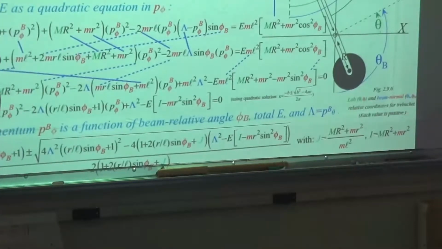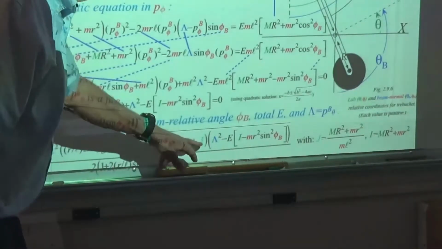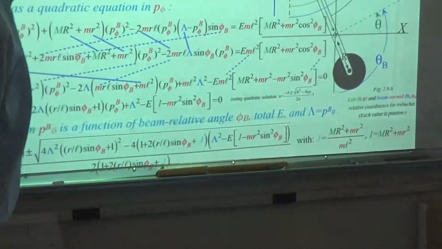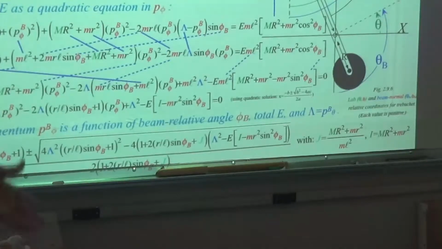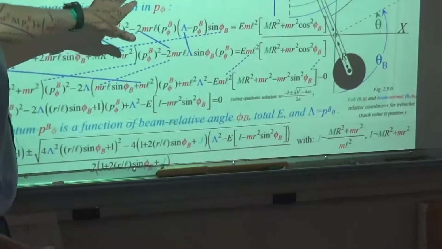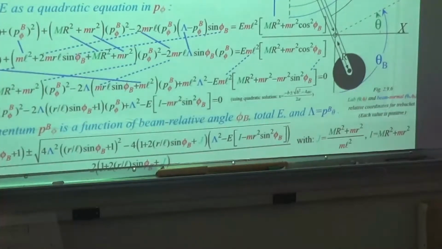So those quantities show up. The J shows up here, the I shows up there, and then in the denominator, that's the problem with Hamiltonians.